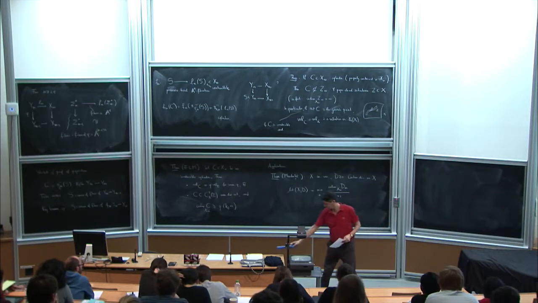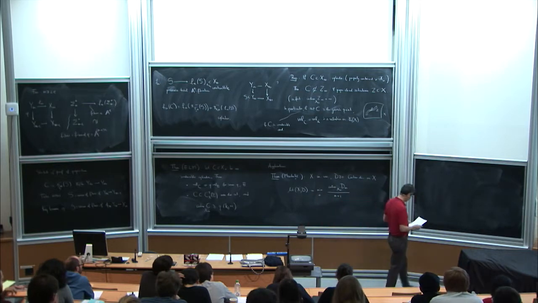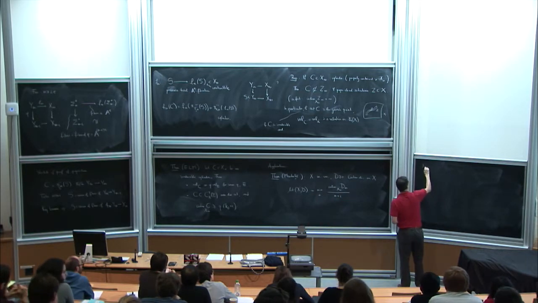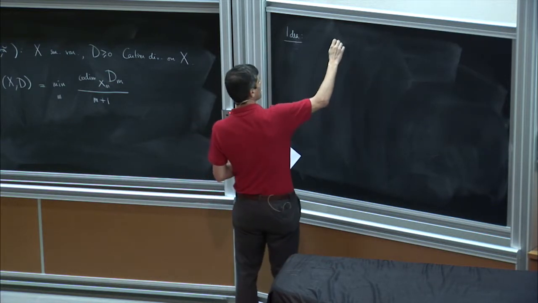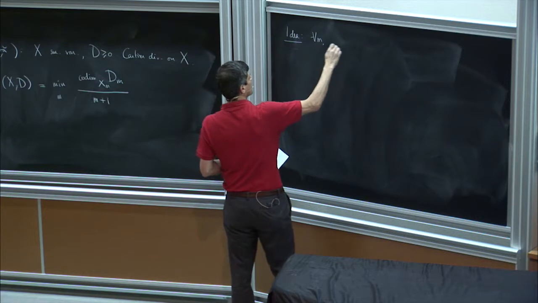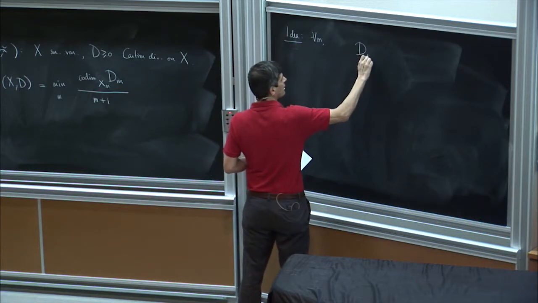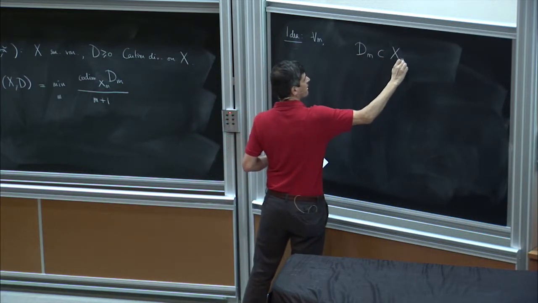So what is the idea? It is the following. For every m, you look at D_m inside X_m.